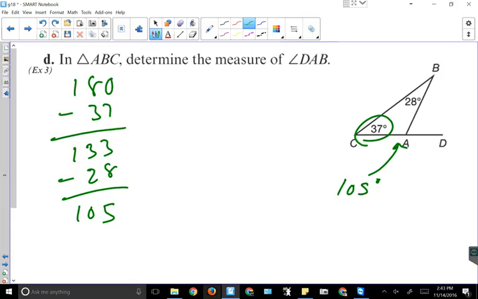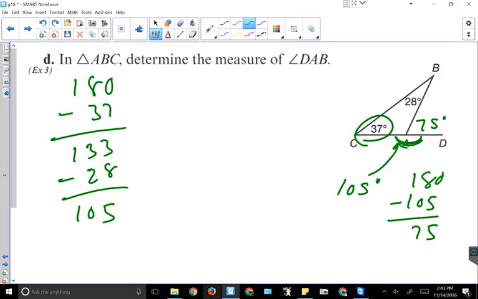Now, how many degrees are in a straight angle? 180. So if I had 180 and I took off my 105, that means this would be 75 degrees right in here, correct?